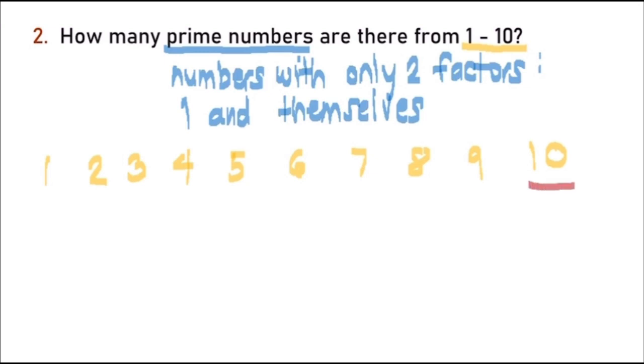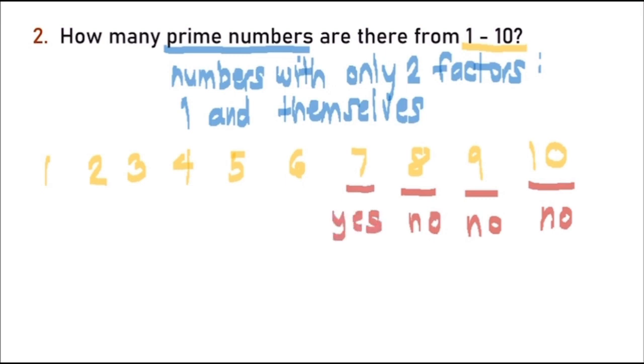Start tayo with 10. Is 10 a prime number? No, kasi 10 is a multiple of 5 and 2. 9 is also not a prime number kasi 9 is a multiple of 3. 8 is also not a prime number because it's a multiple of 4 and 2.